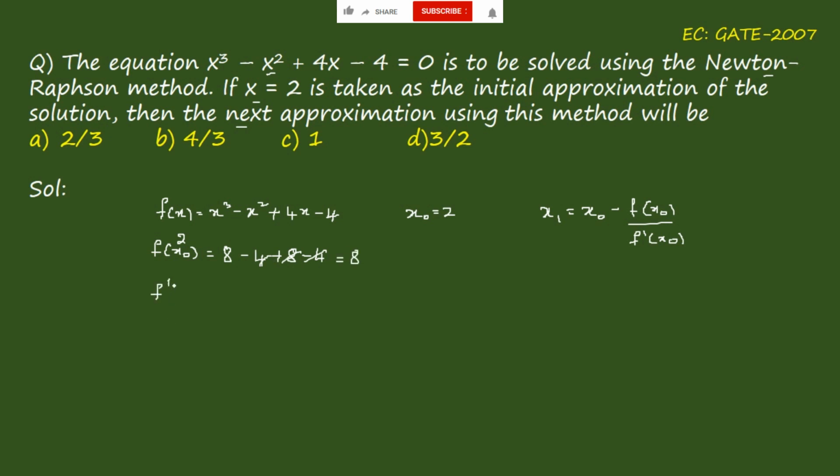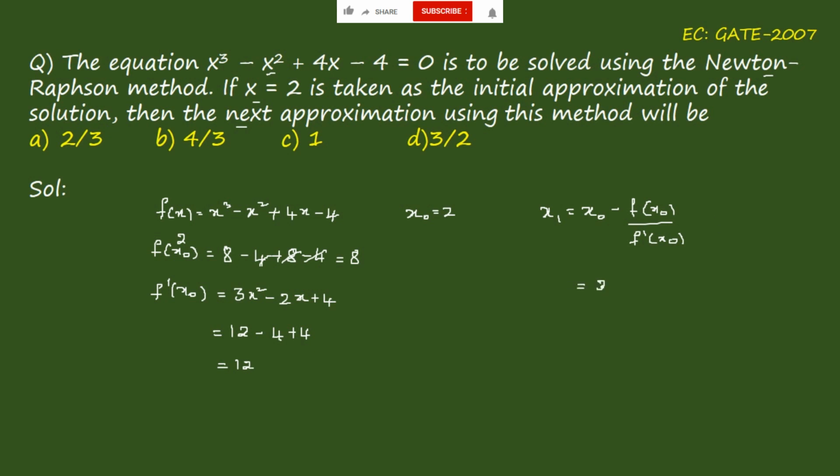Then f dash of x naught is equal to 3x square minus 2x plus 4. Just substitute the value of 2 here. Then you get 4 into 3, it becomes 12, minus 2 to the 4 plus 4, which is equal to 12, right?